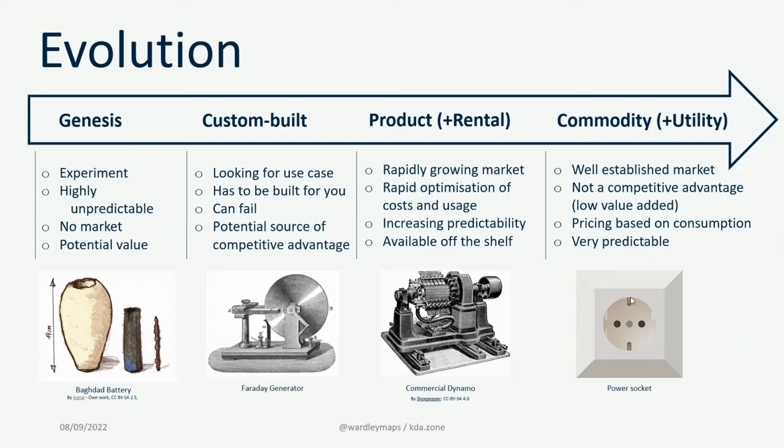So what you also have to learn is that things on the left-hand side, Genesis and custom build, are heavily unpredictable. There is no way that you can even think of how to do that stuff in advance. You can't plan. It doesn't matter how much time you spend on planning, you can't discover how those things can work.